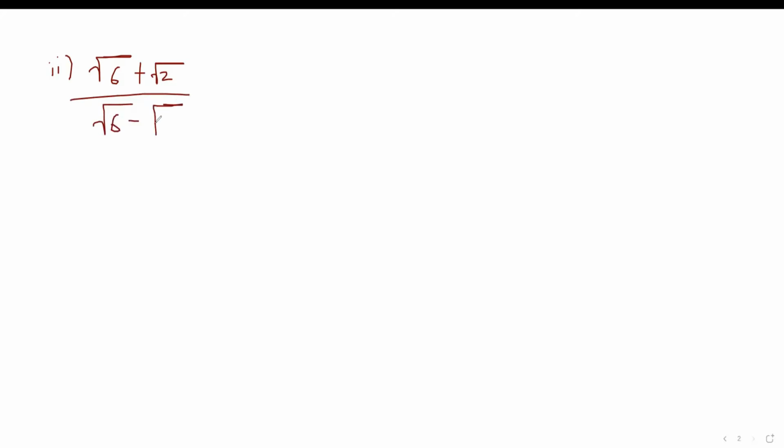Now, what do we know to do? Whenever you have any form of surds, what's the first thing you need to do? Rationalize. Always remember, the first thing we do is rationalize. So we multiply by the conjugate of the denominator, √6 plus √2 over √6 plus √2.